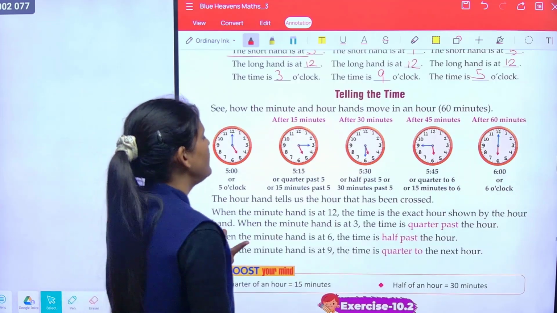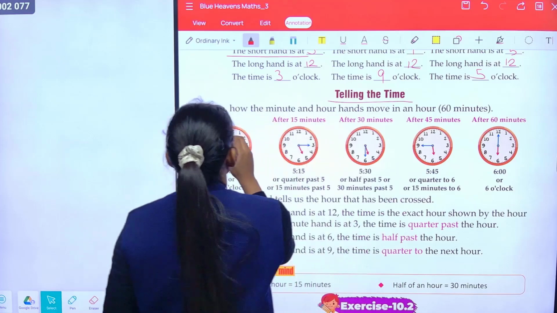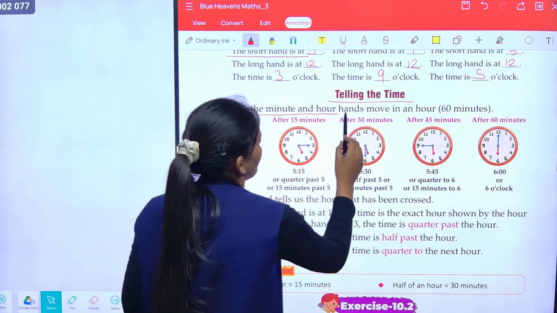Understood? Telling the time. See how the minute and hour hands move.